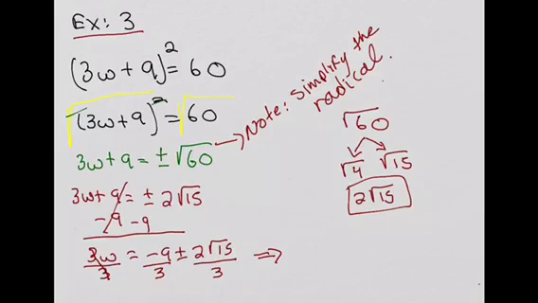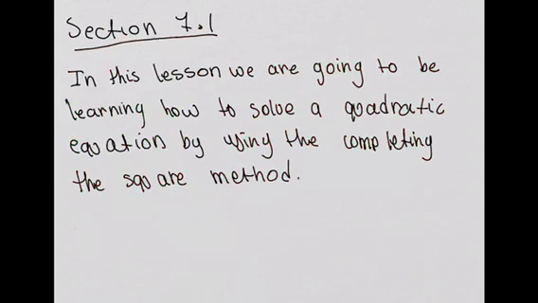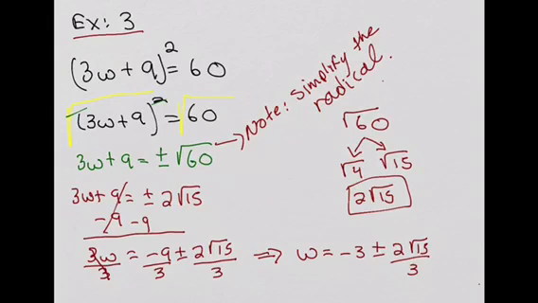So then I have w equals negative 9 divided by 3, which is negative 3, plus or minus 2 square root of 15 divided by 3. Okay, so my two answers. Let's rewrite it a little bit because I want you to see how this will look.